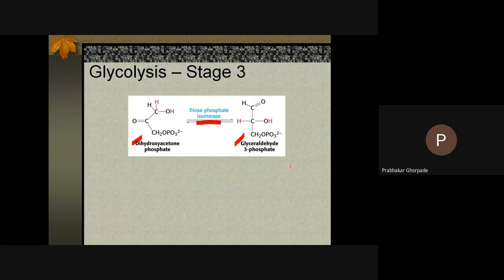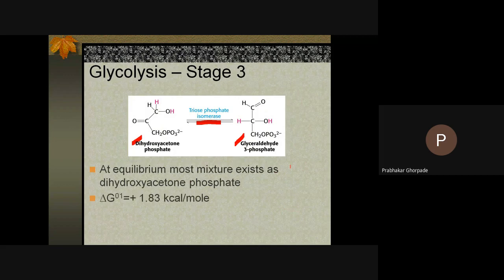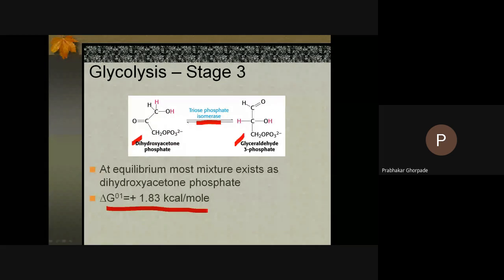Okay, let's see here. Glyceraldehyde 3-phosphate is forming. At the equilibrium, most of the mixture exists as dihydroxyacetone phosphate, and this reaction energy is plus 1.83 kilocalorie per mole.